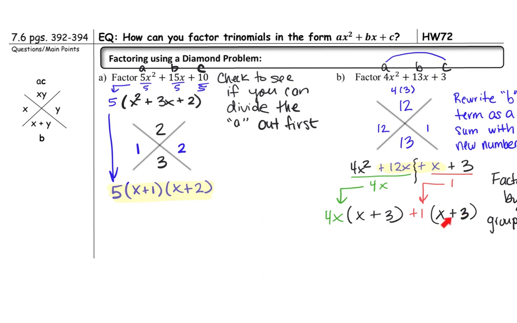So now we have a common binomial factor, which means the 4x and the 1 were distributed to the x plus 3 originally. So the 4x and the 1 make up one of your factors. That's going to be 4x plus 1. And then your other factor was the one that was in common. So your final answer is 4x plus 1 times x plus 3.